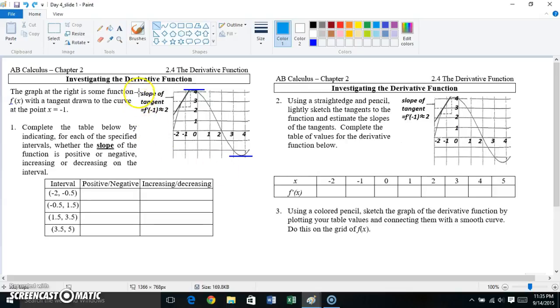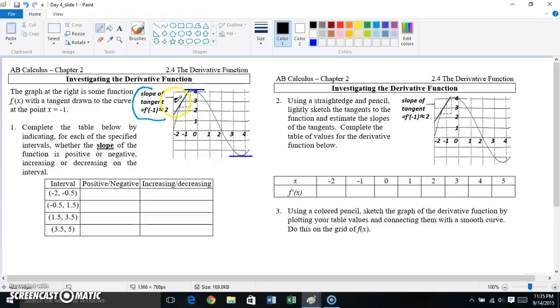So here you can see that they are indicating that the slope of the tangent line to the curve at the point -1 appears to be about +2. Okay?